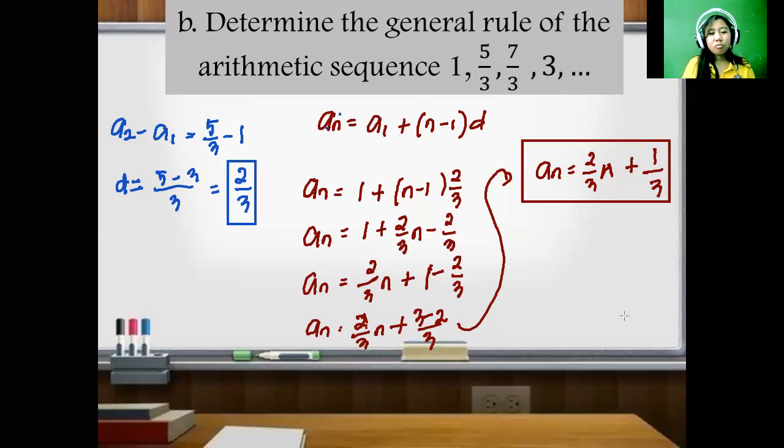Okay, so we have a sub n is equal to 2. Okay, what is the denominator? We have 3. So copy the numerator, 2n plus 1. So this is now the general rule of our arithmetic sequence 1, 5 over 3, 7 over 3, and 3.